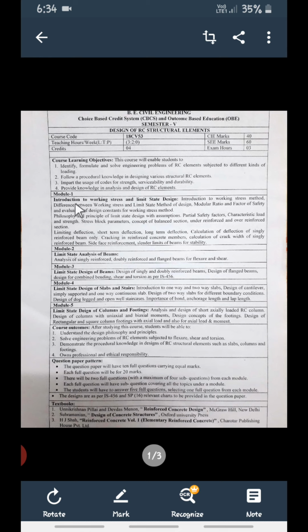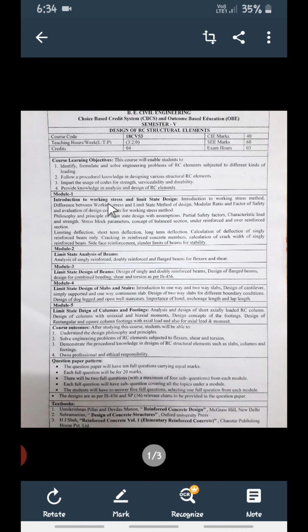As the name itself indicates, there are basically 3 methods. Out of 3, 2 methods are important, that is, working stress method and limit state method. These are the 2 methods used to design the structural elements. Initially we were using the working stress method.